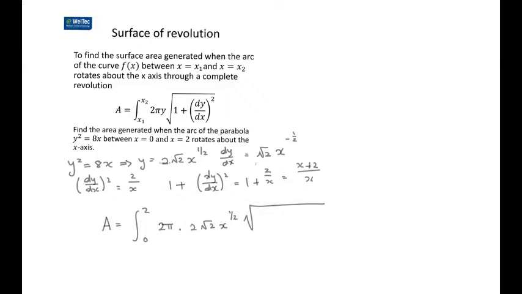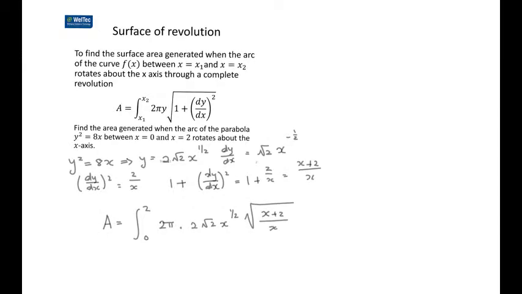We've already found that is x plus 2 over x. And we've got to take all of that, the integral with respect to dx.